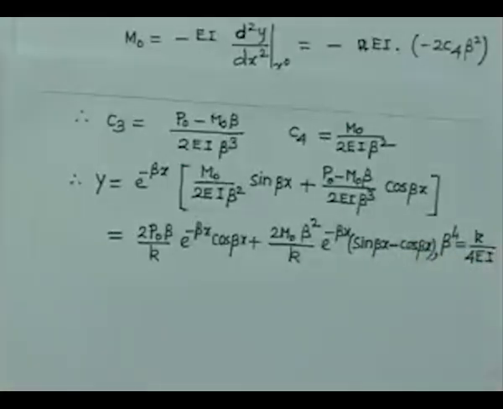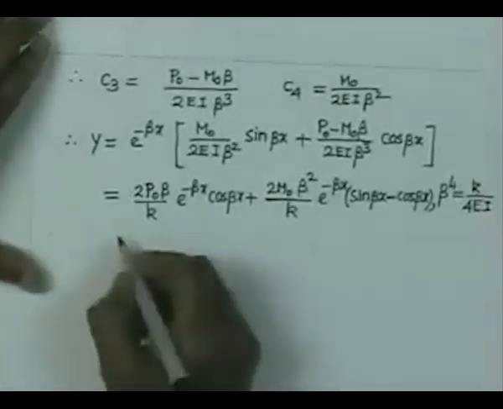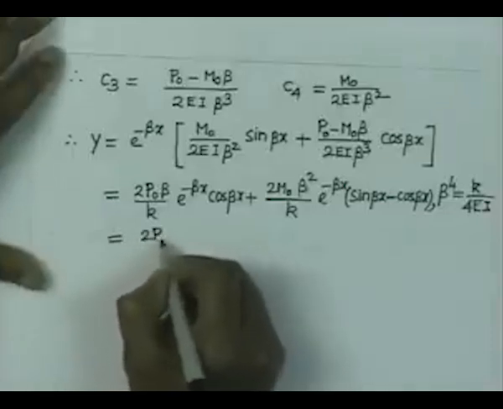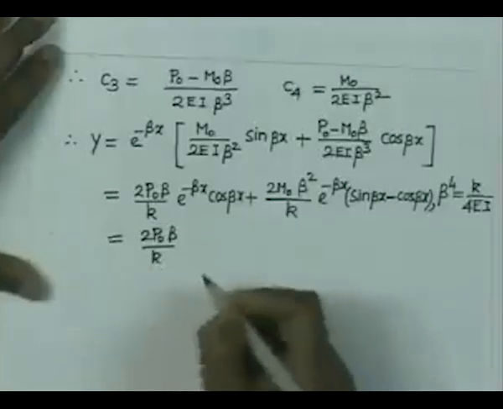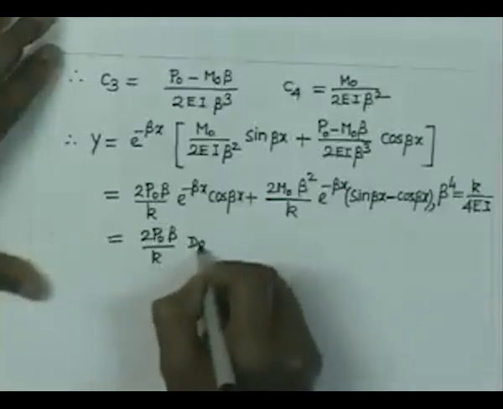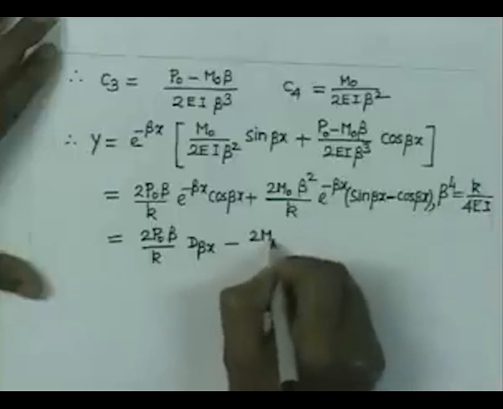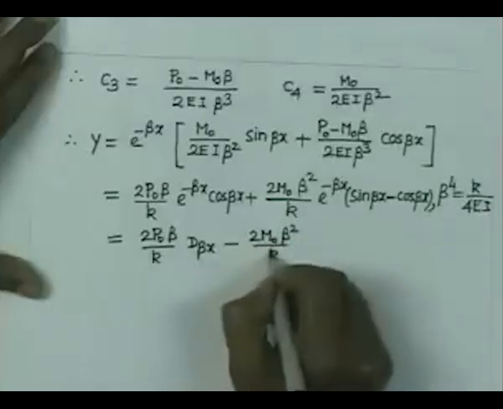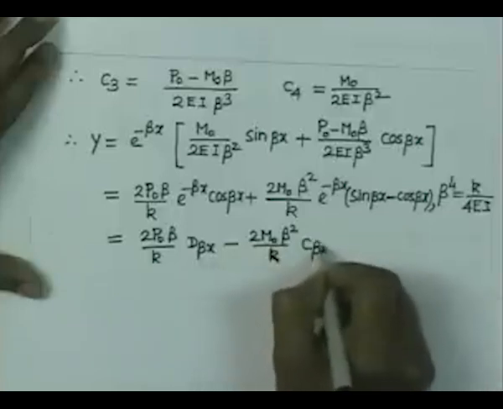So, that is the value for y, and this can be written in terms of the standard functions that we have introduced: twice P0 beta by k D beta x minus twice M0 beta square by k C beta x.